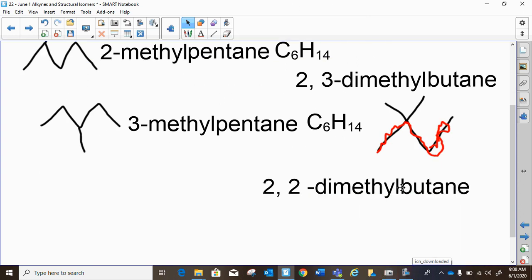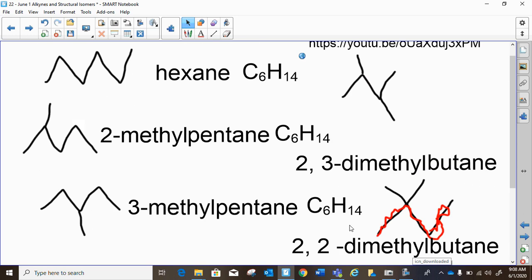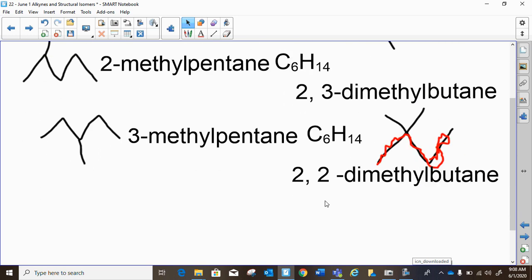Now, so far, everything I have is a different name, so I know those are all true isomers. If I wanted to break my branches down, there's no other way to move those 2 methyl groups without lengthening the chain. So if I went from hexane to pentane to butane, and then let's say to propane, how could I add those extra carbons? There's 3 carbons in a row for propane.